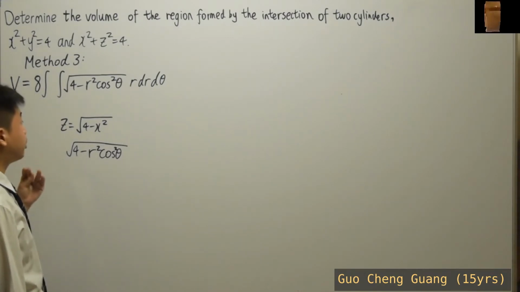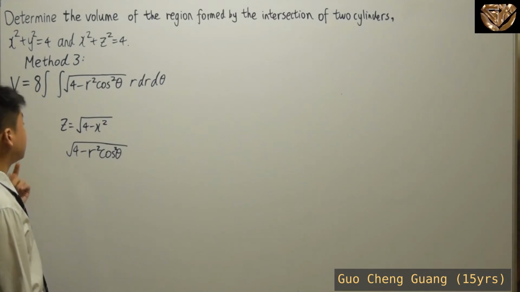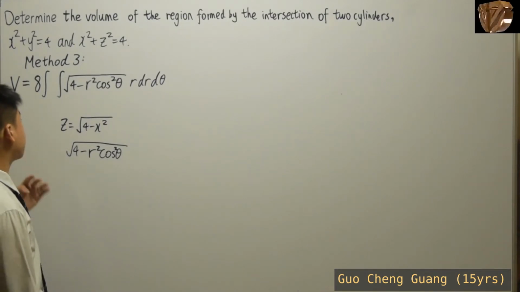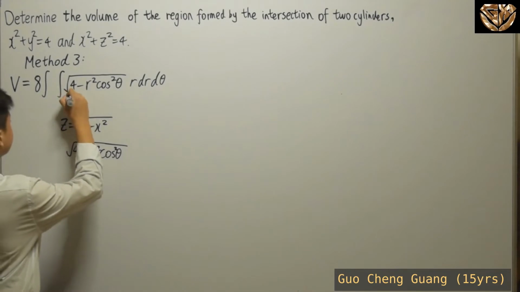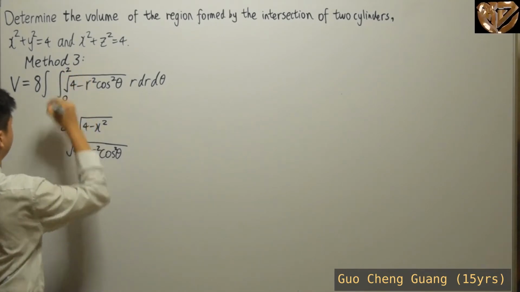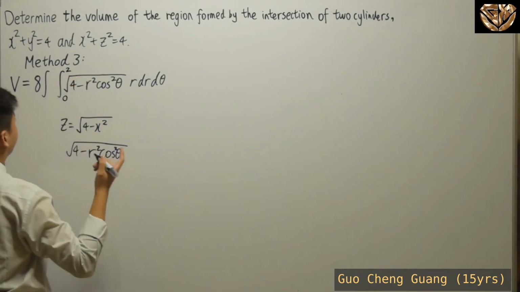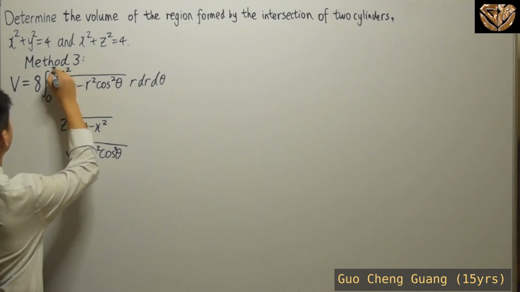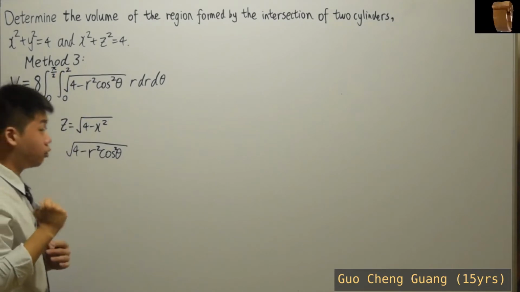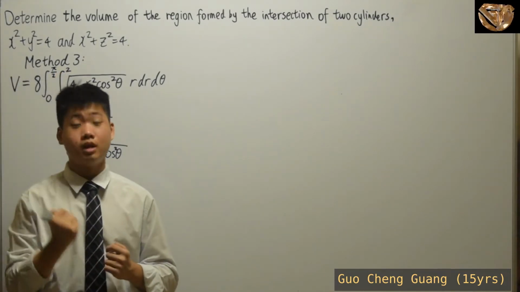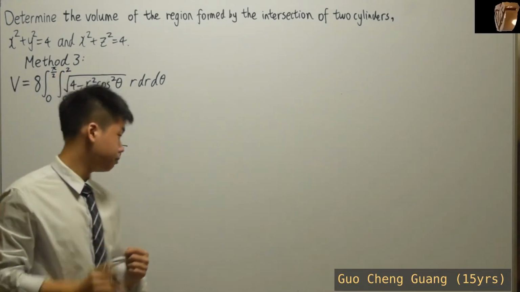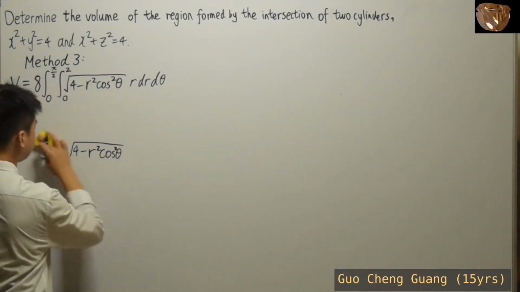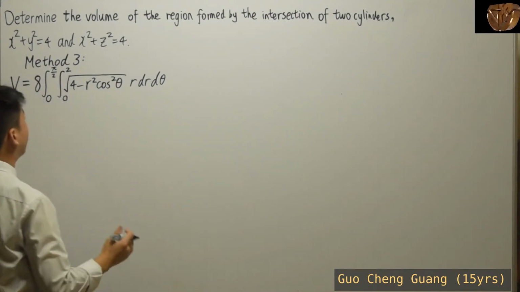Now let's integrate with respect to r first. When we integrate with respect to r first, your radius is from 0 to 2, while your theta is going to be from 0 to half pi, because you have to be aware, once again, this is just in your first octant. Alright, so this is the kind of integration that we are dealing with.